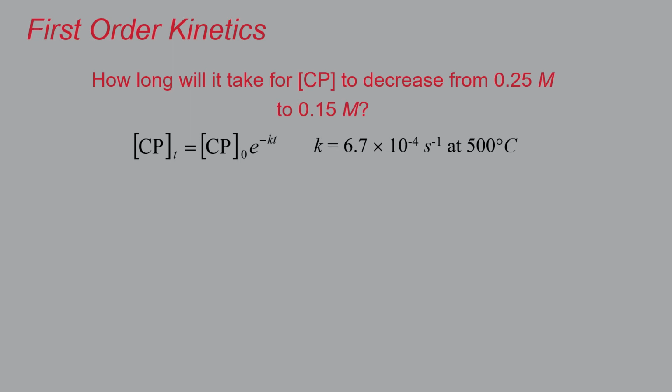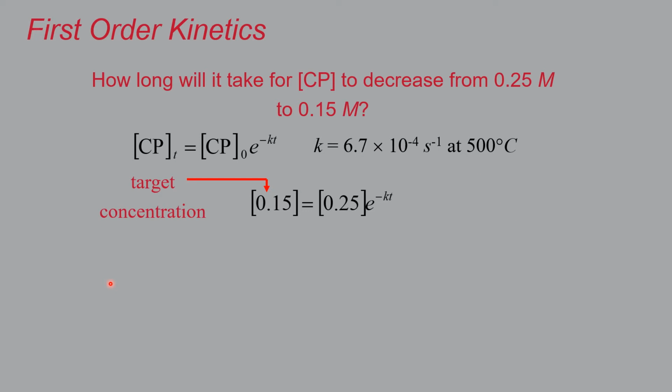The only difference here is that now we're solving for the time and not one of the concentrations. So I would recommend just plugging in what you know and then rearranging things to solve for what you don't know. I know the concentration at time t, I know the initial concentration, I just don't know what the time t is.